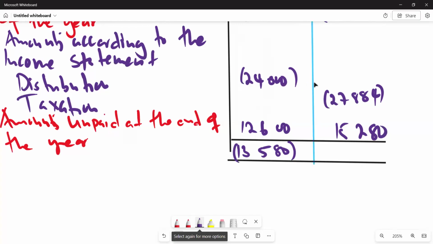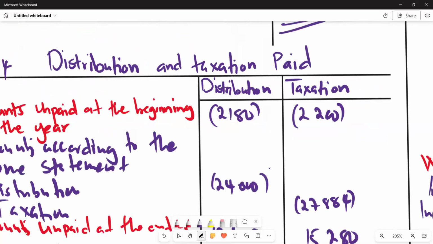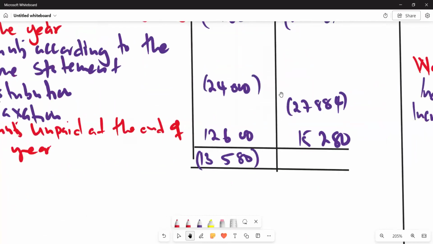Then we go to the last column, whereby we have negative 2,200 minus 27,884 plus 15,280, and we're going to get a negative 14,804, which is a negative. So these are the two amounts that are going to be represented in the statement of cash flow.